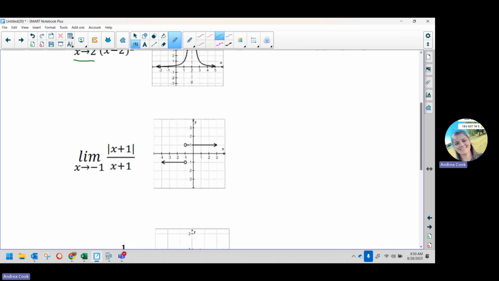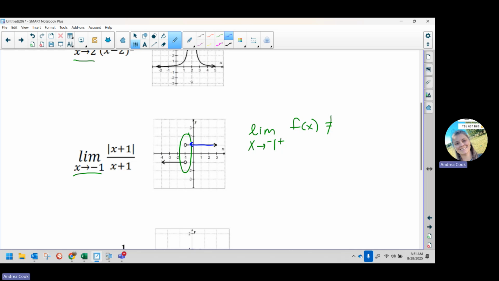Right, the limit as x approaches -1, so -1 is right here. Why does that limit not exist? As I approach -1 from the right, what is that limit? As I'm approaching -1 from the right, my y value is 1.